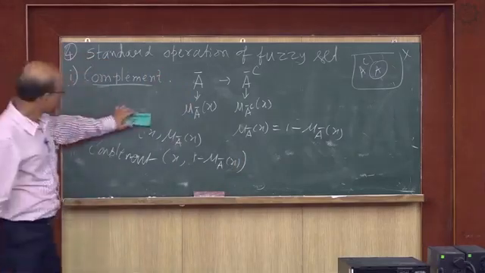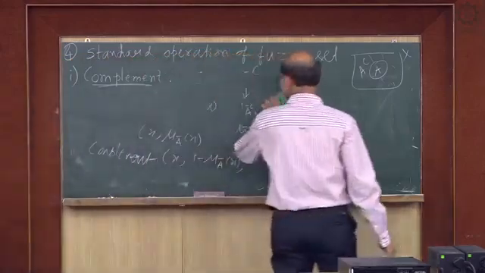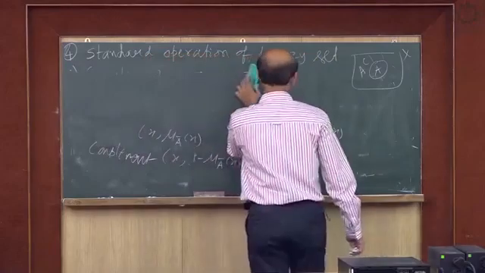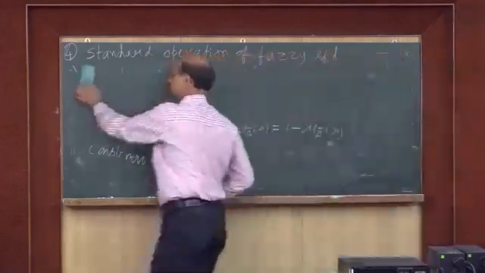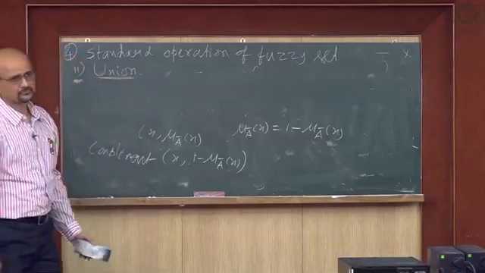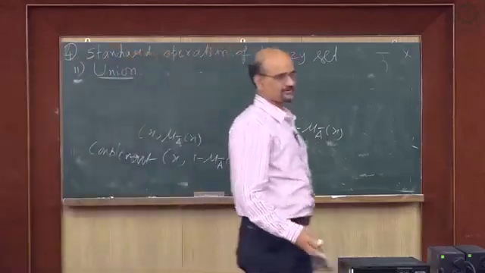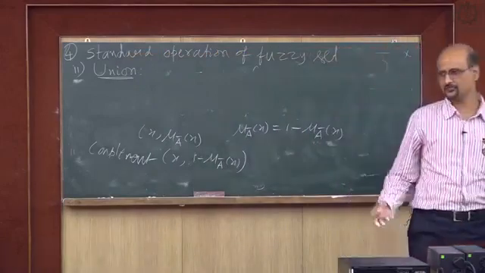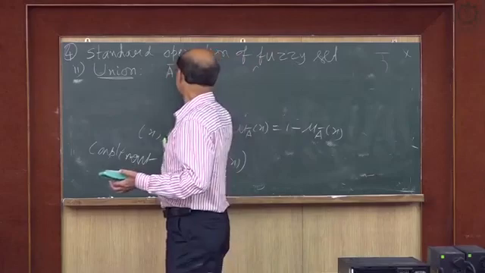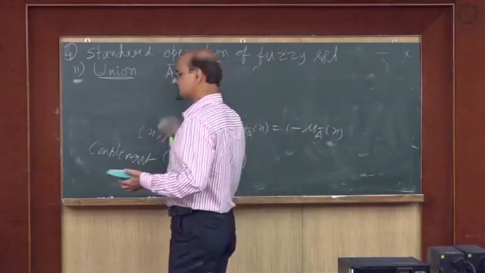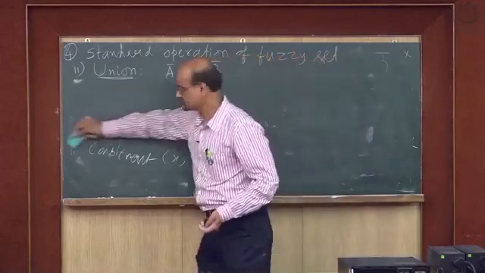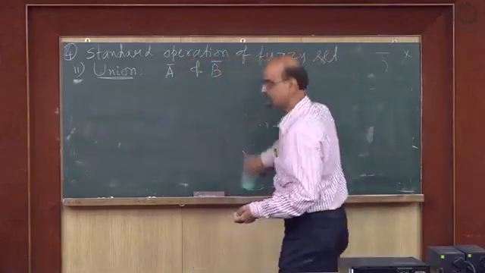Let us now come to the next operation, that is called union. Union of two fuzzy sets. If we have two fuzzy sets A bar and B bar, I want to find the union of those two fuzzy sets. It is again very simple.